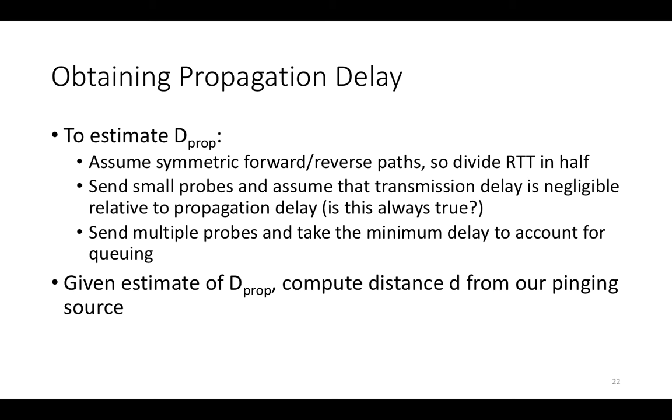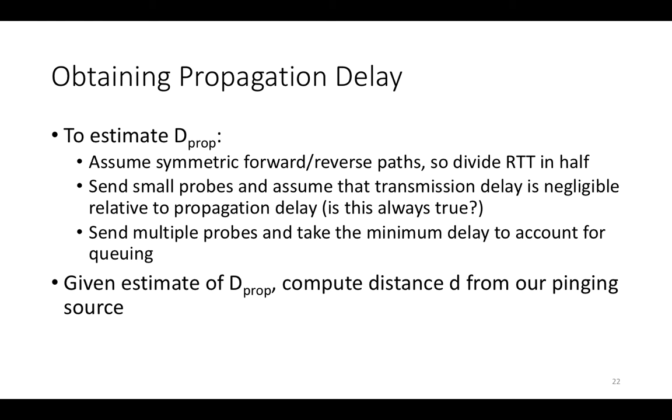When we're talking about IP geolocation and cross-country type distances, it may be the case that going cross-country, we're talking about milliseconds of delay, whereas the transmission delay is microseconds or even less. Therefore, the assumption will hold.